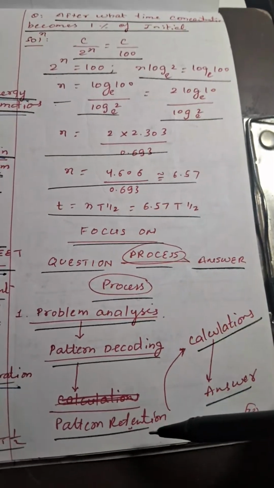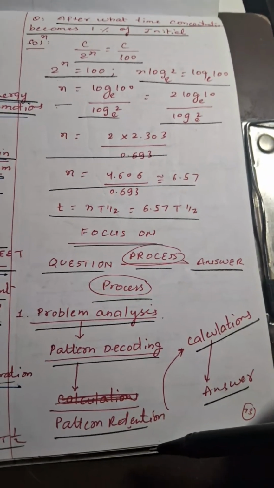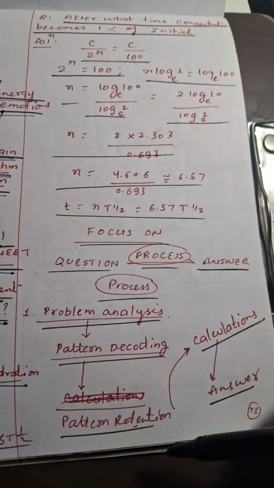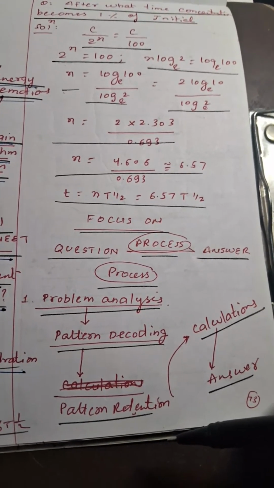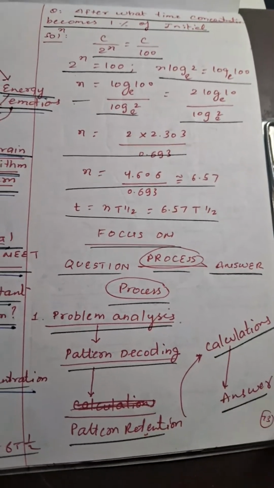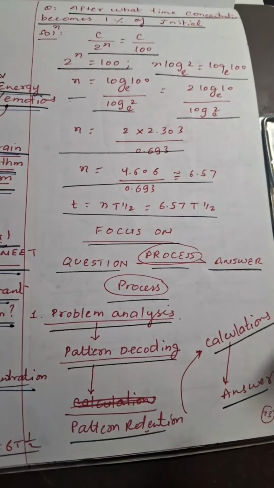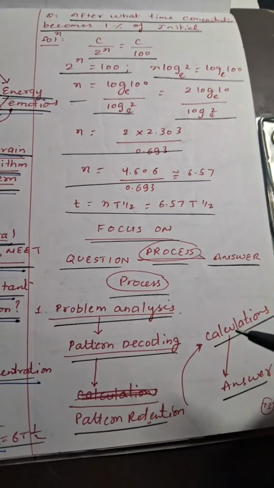So if you really want to crack JEE NEET, it's not only about studying subjects, physics, chemistry, and maths. It has to do something more fundamental, something with your brain mind coordination, something with your ability to transform parallel processing into the series one. Only then you'll be able to get answers and correct questions.